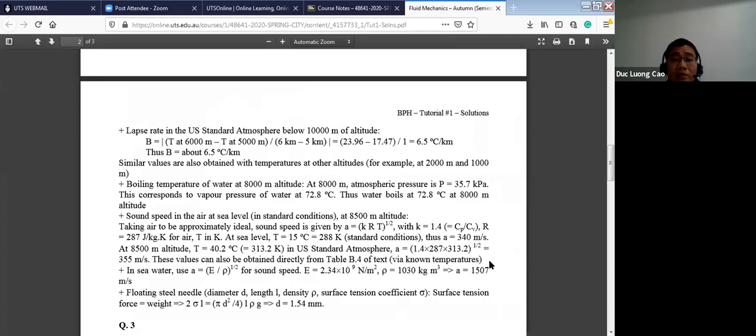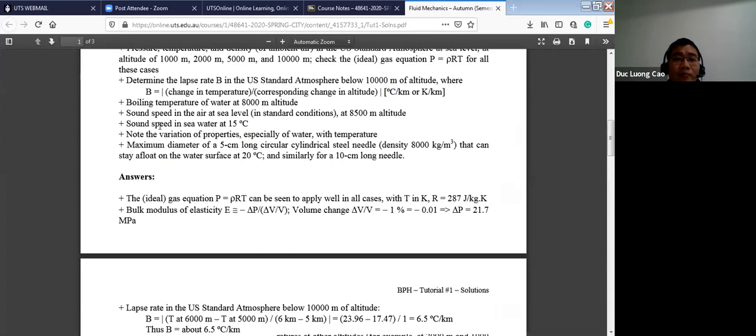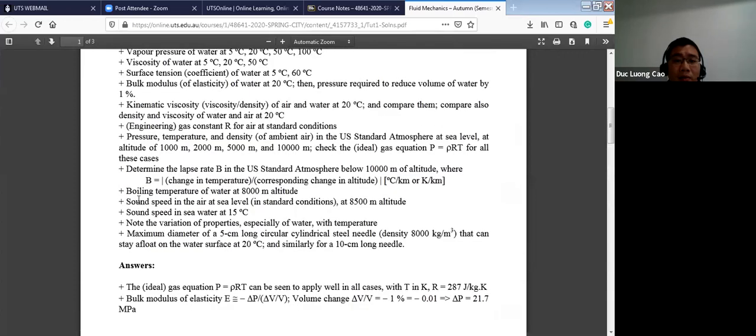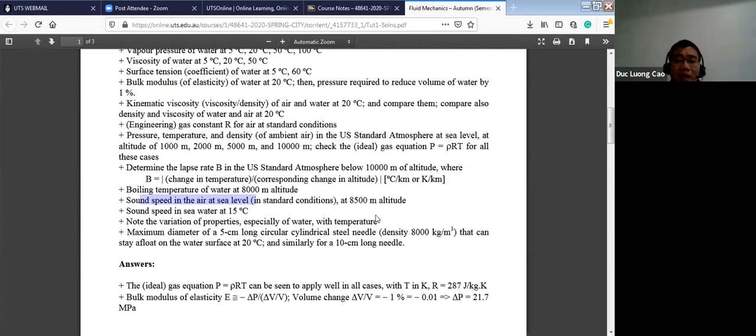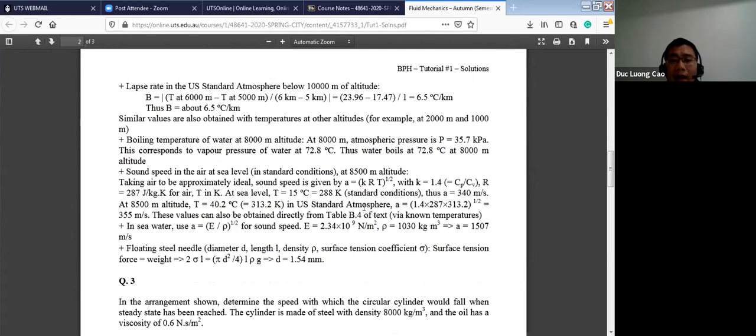So sound speed depends on temperature. In this question, you have to find the sound speed at sea level and at 8,500 meter altitude. When you go up, temperature decreases. So the sound speed at 8,500 meter altitude will be smaller than the sound speed at sea level. The result in the solution is incorrect. You know why? I will ask the coordinator to change this.